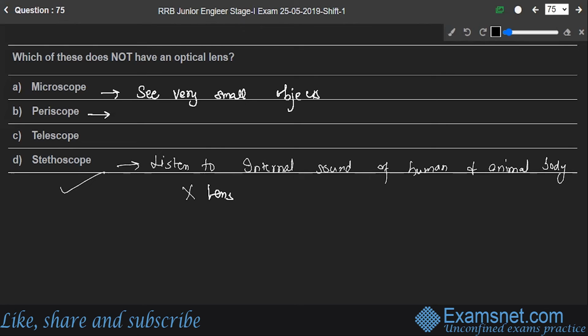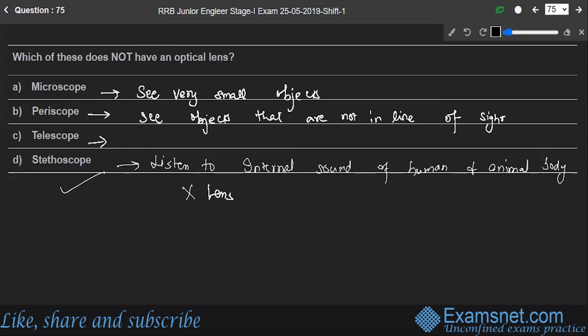They are used to see objects which are not in the line of sight. For example, in submarines, periscopes are used to see things lying on the surface of the sea.